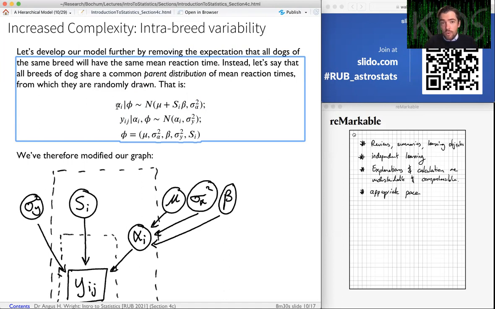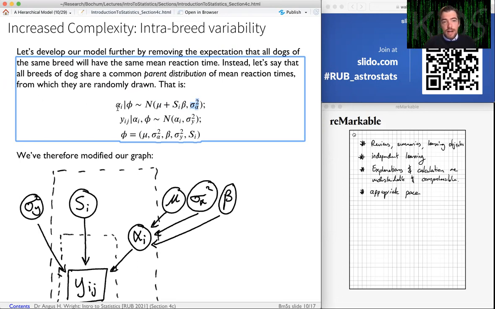And that is drawn from the parent population that's determined by the global mean and the delay factor if you're a golden retriever, plus some uncertainty that's driven by the width, by the uncertainty in a particular reaction time for a particular dog.